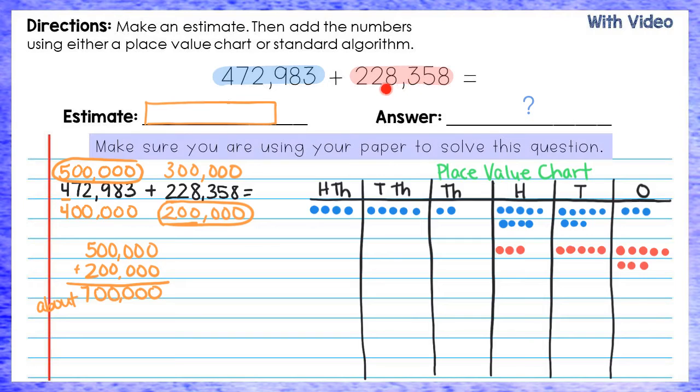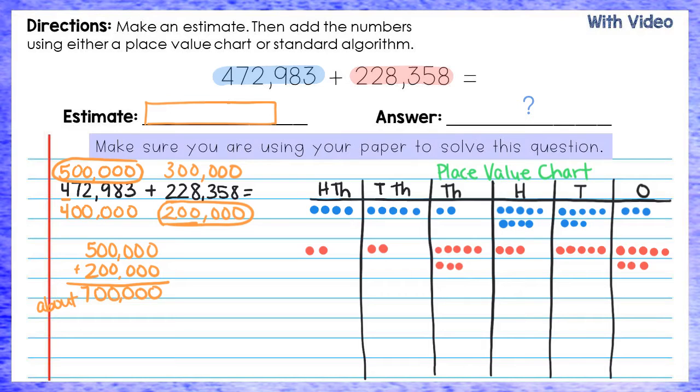In the thousands place, we have 8. And in the 10,000s place, we have 2. And in the 100,000s place, there is also 2.